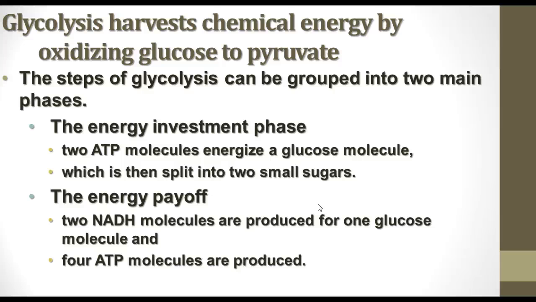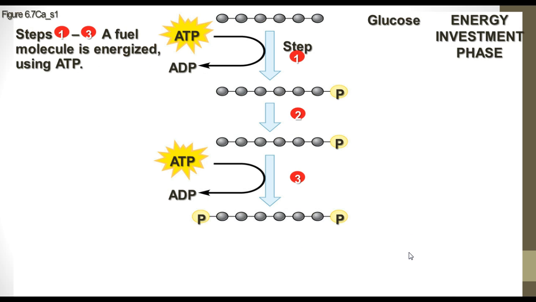And at the end, we're going to produce two NADH molecules, these electron carriers, and four ATP molecules. That means we're going to have a net gain of two ATP molecules. Since we're spending two here and gaining four here, then we have a net gain or a profit of two ATP molecules. So here's the process in short.